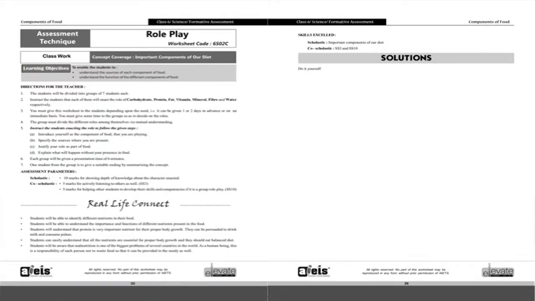This way all these activities help the teacher to assess the child on co-scholastic domain. Now assume that Atul Gupta has got 8 marks out of 10. We are talking about only scholastic part. Co-scholastic we will discuss later.